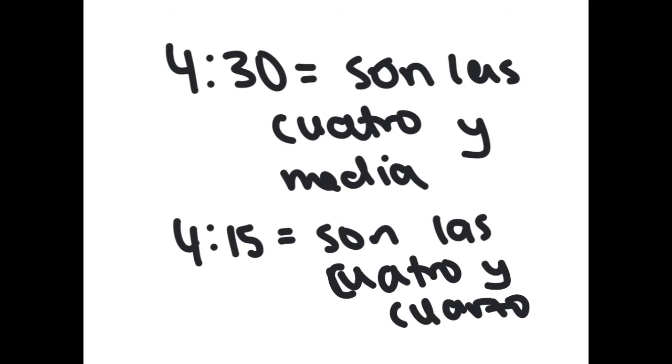I know it's very similar wording, but cuatro is for the 4, and cuarto is for the 15. So whenever you're doing the son las part, that fits for the hour of the day, and then the y, the and, and what comes after the number indicates the minutes.